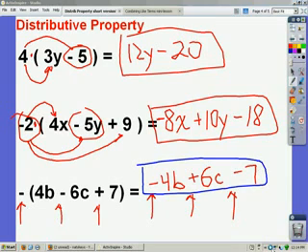T stands for triangle and C stands for circle. So mathematically, I could rewrite the original picture as 2 times parenthesis 4c plus 3t.